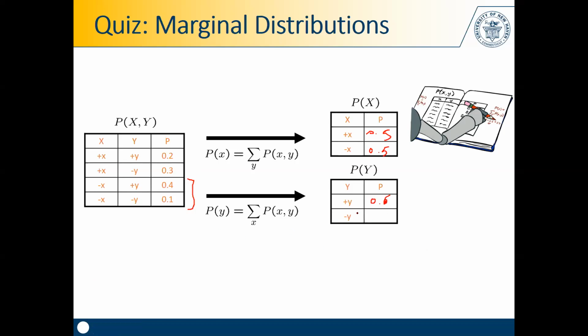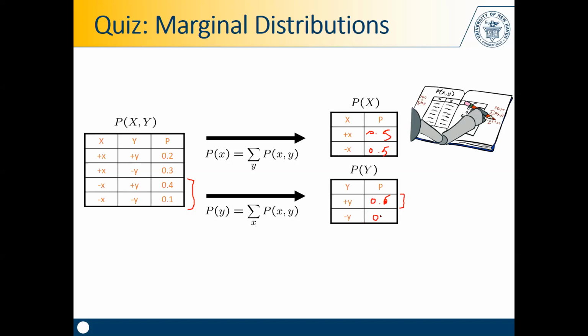Now, without directly calculating the probability of negative y, can you tell me what this value should be? Ramu? 1 minus 0.6, that is 0.4. That's correct. The sum of these probabilities should be 1.